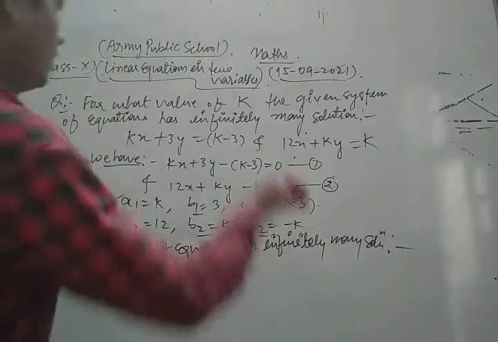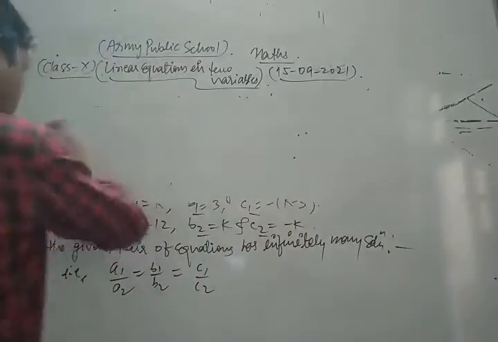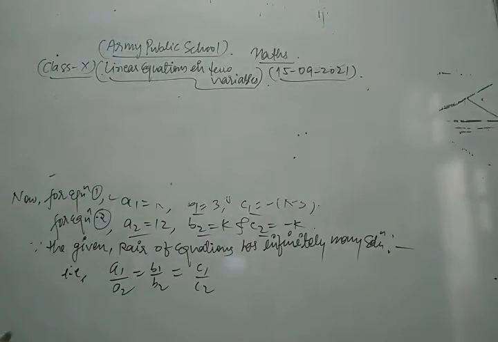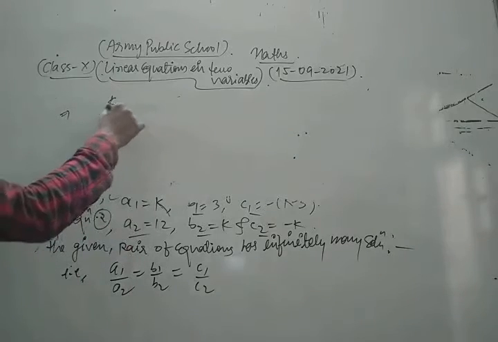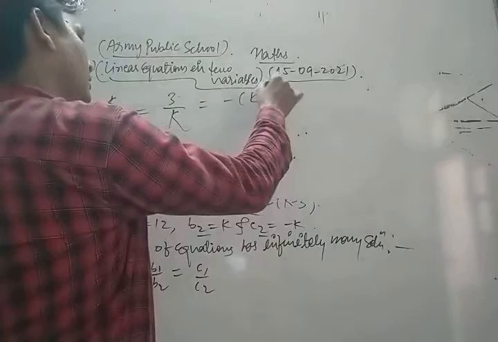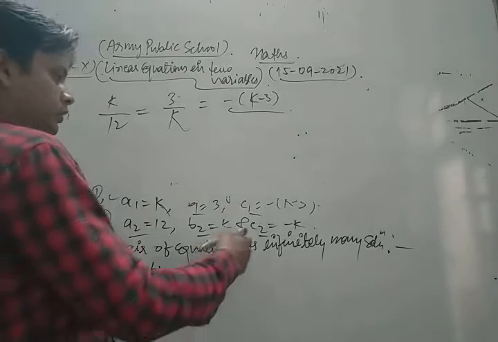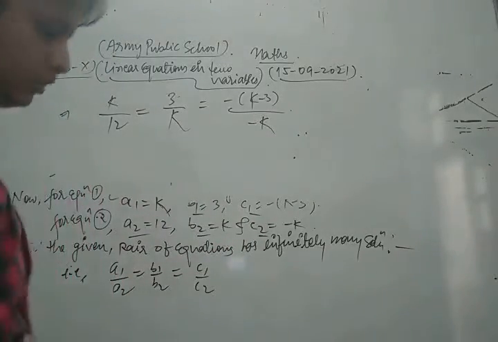Okay, now look. We put the values: a1 is k, a2 is 12, b1 is 3, b2 is k, is equal to c1, which is minus k minus 3, upon c2, which is minus k.